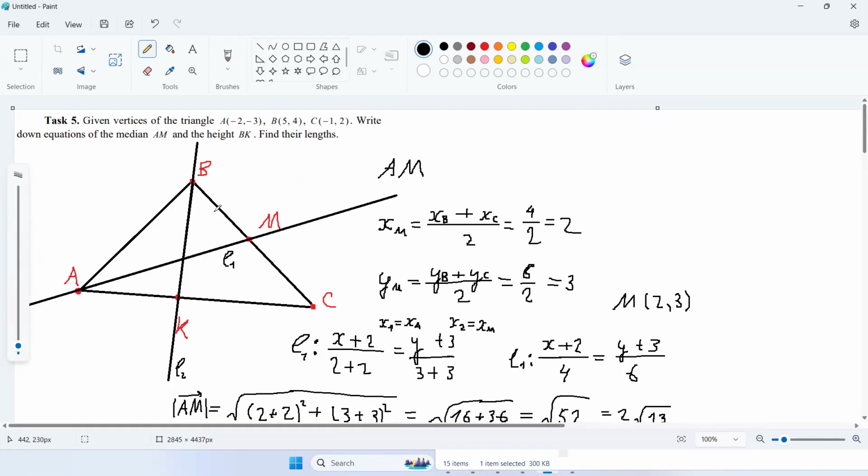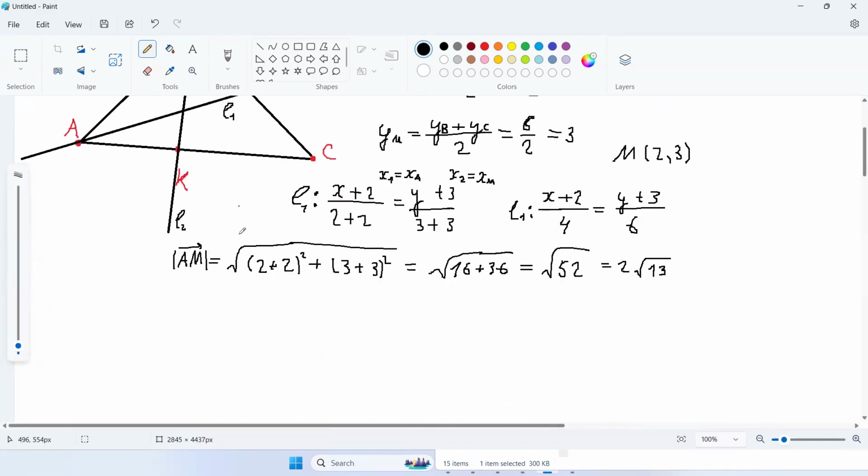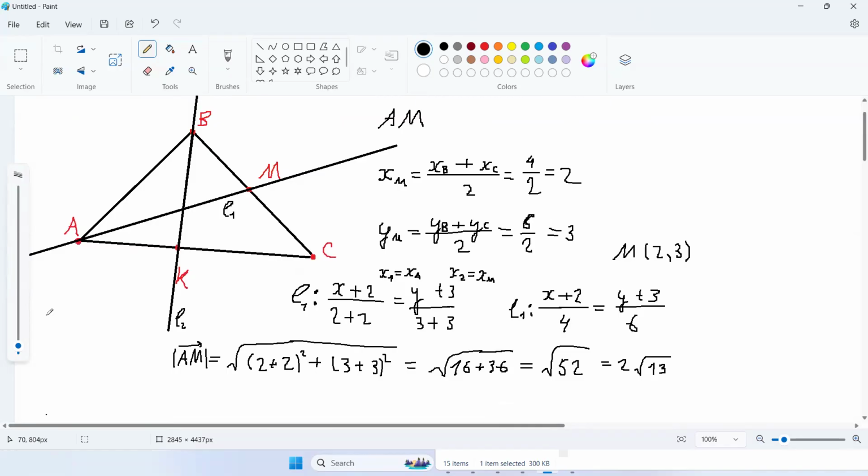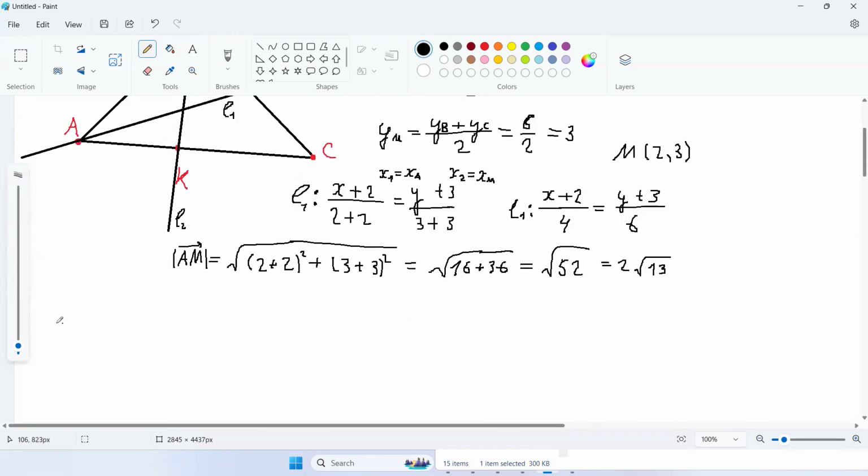So any steps? Maybe we could find line AC, first of all the equation of the line AC. Okay. So AC. Then the next step.